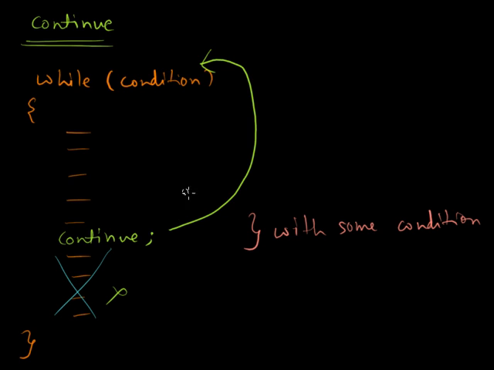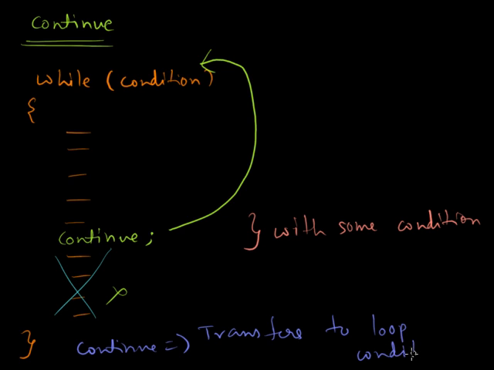It continues the loop by skipping the later statements. Okay, let me write it. What continue does is, it transfers the control to the loop condition actually.